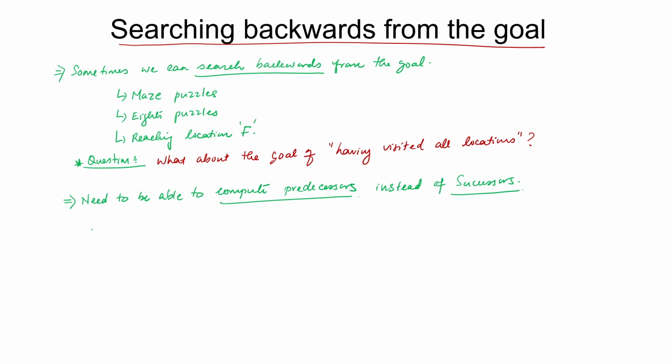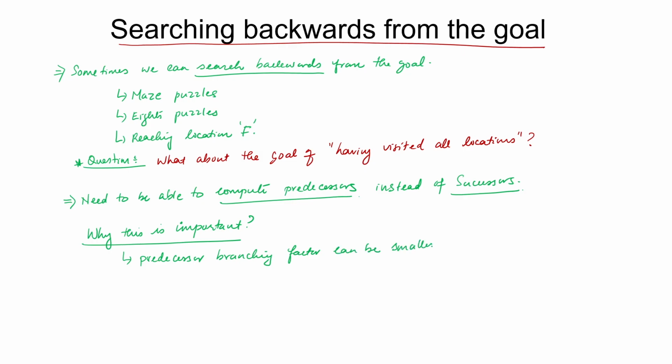Okay. What is the point? Why is this important? Why is computing the predecessor instead of the successor important? The predecessor branching factor can be smaller than the successor branching factor.